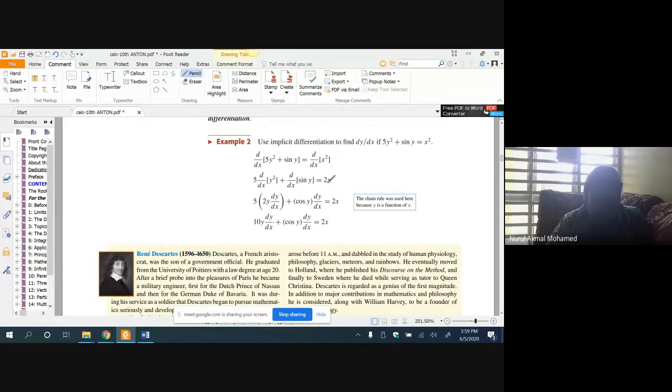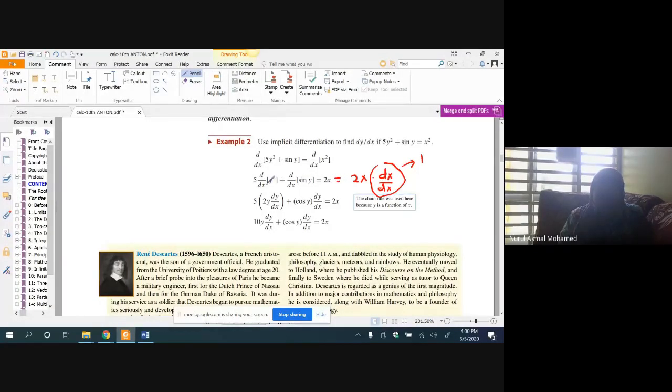It will give you 2x because for the right-hand side here, this is also 2x multiplied with dx dx, which gives you 1. So that's why we don't have to write dx here.